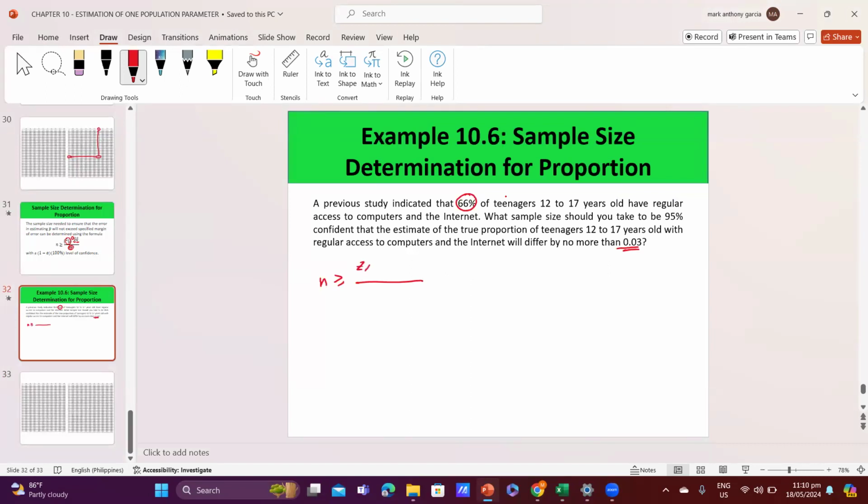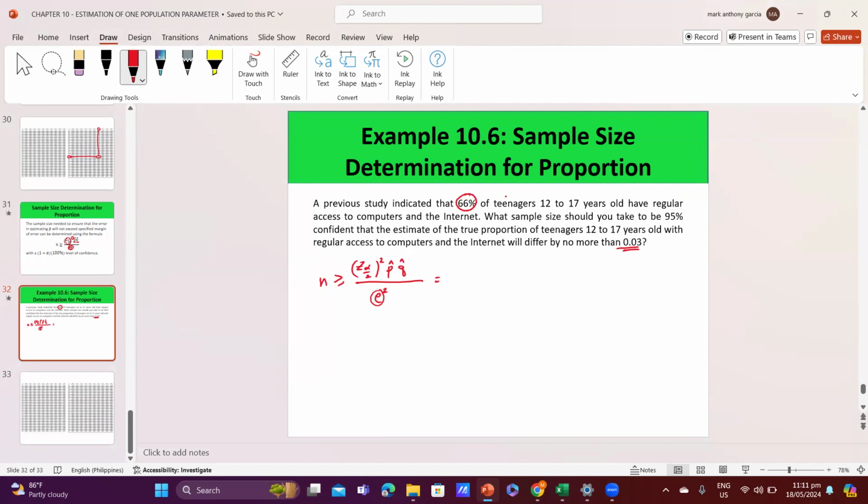So according to our formula, we will get the z-score with an alpha over 2 area to its right side, and we get the sample proportion p hat, and then q hat, and then the desired margin of error.